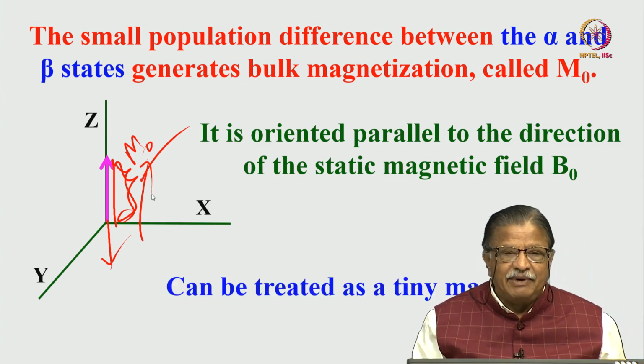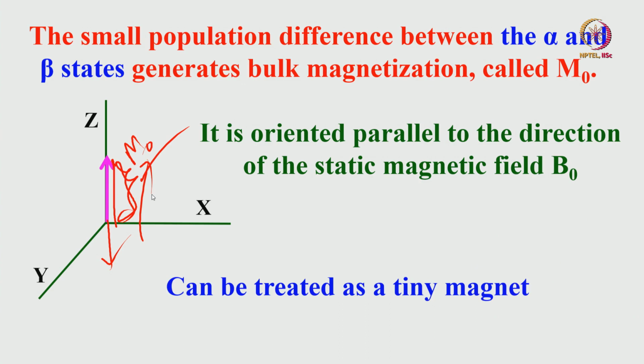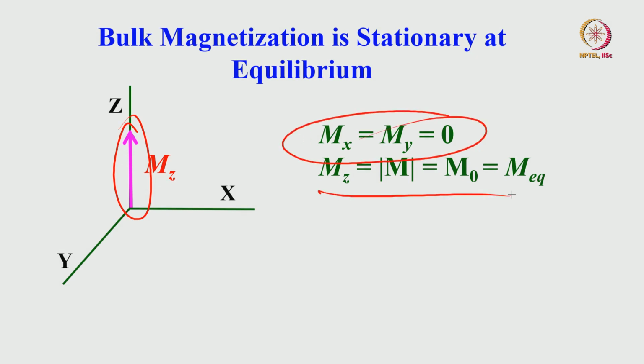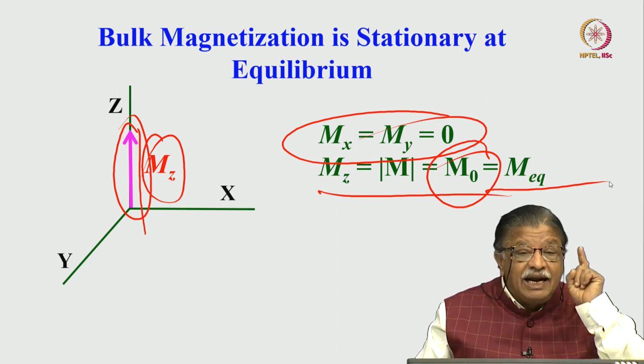Now, this can be treated like a tiny magnet. Unlike individual magnetic moment vectors, which were always continuously changing, rotating, precessing along the direction of the field, this bulk magnet is always static. It is stationary, it is not moving. In equilibrium it is stationary, and the Mx and My components are 0, whereas the Mz component, which is the equilibrium magnetization, also called M naught, is non-zero and it is stationary.